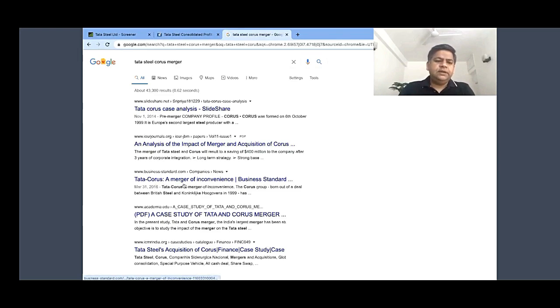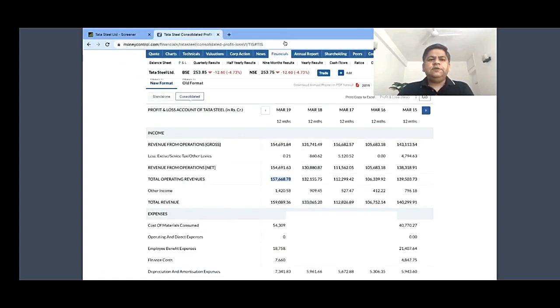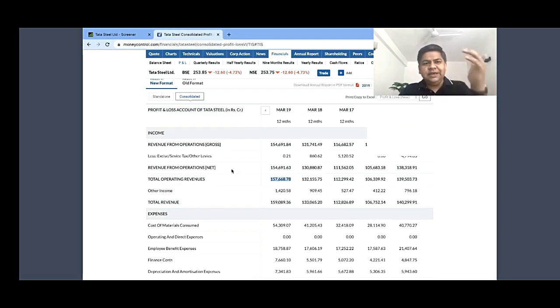You must read about this case study. You will find many articles on Tata Steel's acquisition of Corus. It was a very proud moment for India that one Indian company acquired a company which was at least 2 times bigger than the main company. Tata Steel did not merge but acquired Corus, and it became Tata Steel Corus. You can call it a merger acquisition.